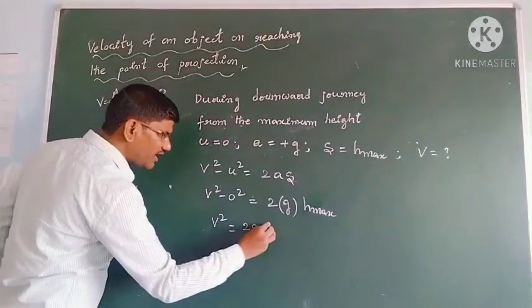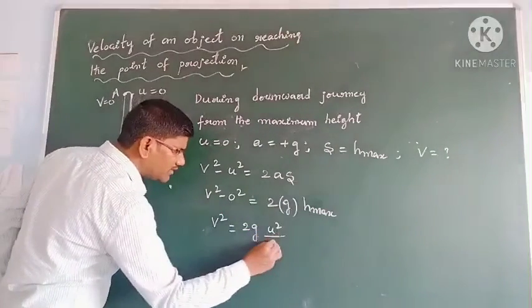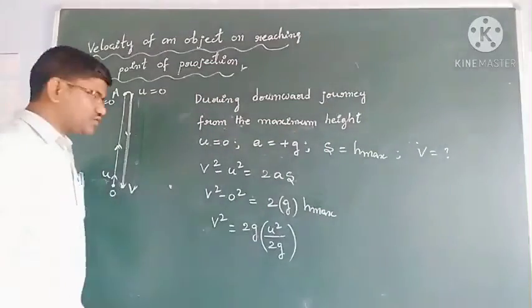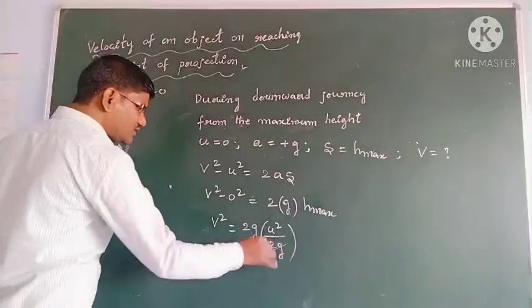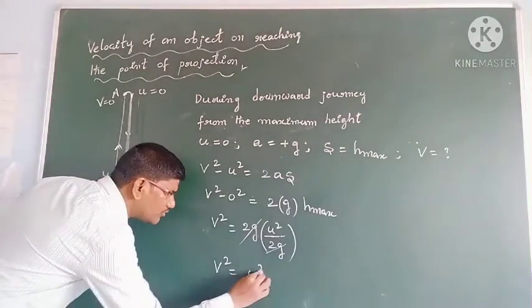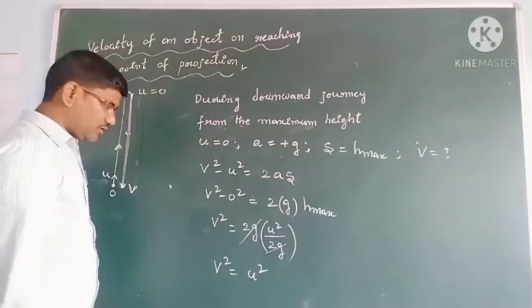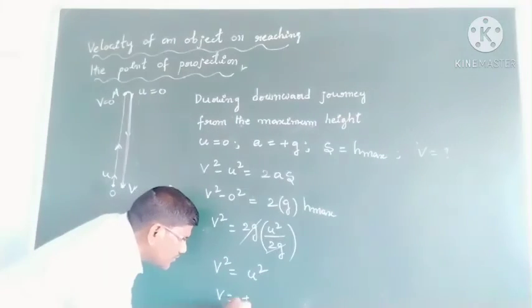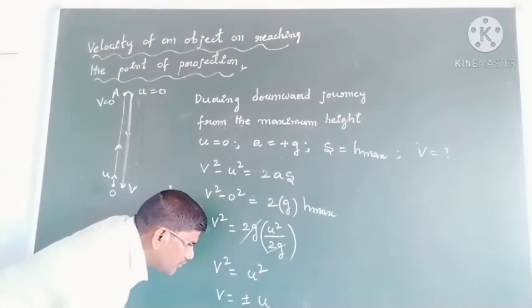H maximum value we know, u square by 2g. Okay students, u square by 2g we know. Then this 2g gets cancelled. So v square is equal to u square.